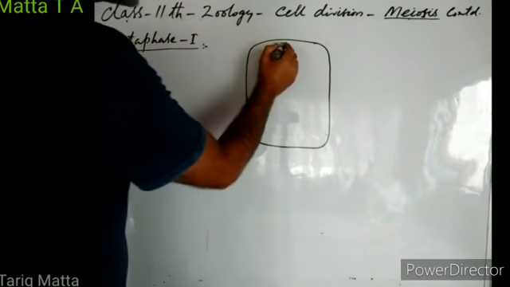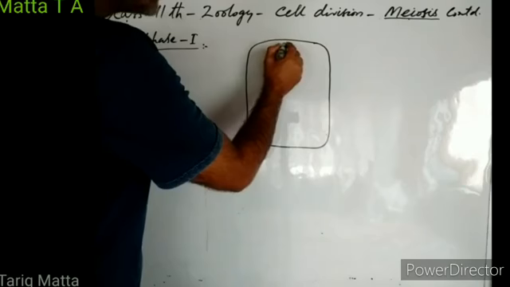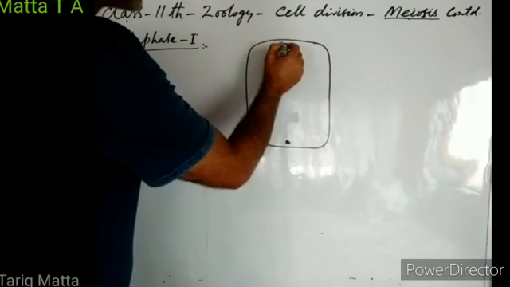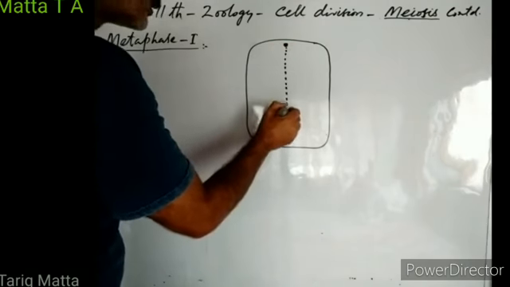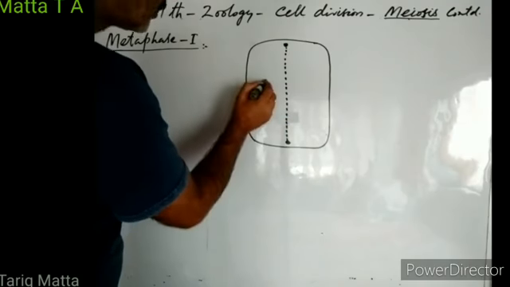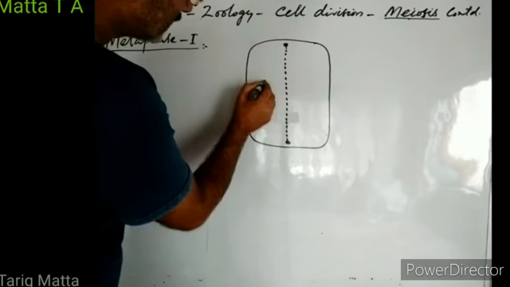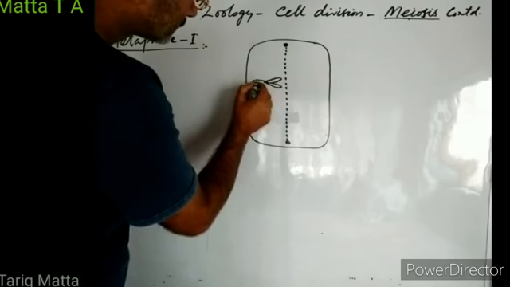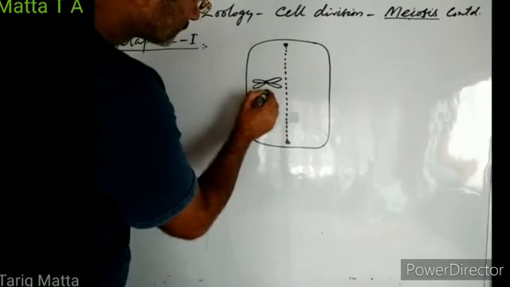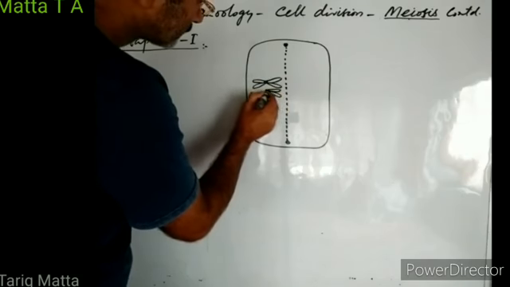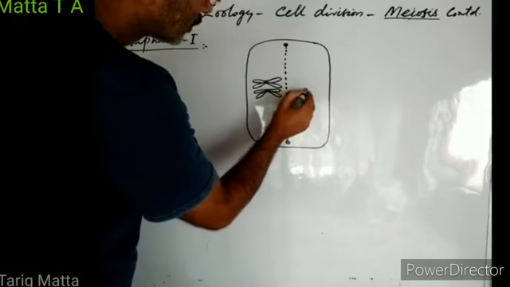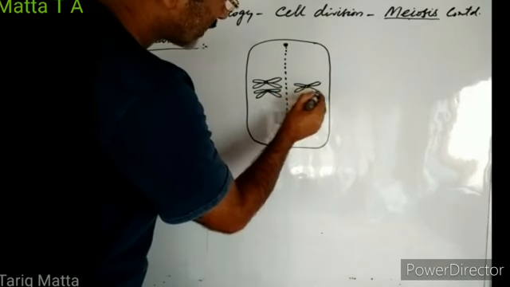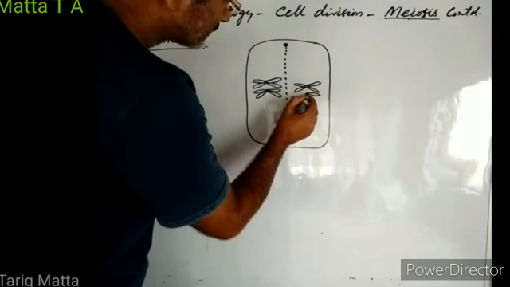In metaphase first, the spindle formation is already completed. The homologous chromosomes are perfectly aligned at the equator of the spindle of the cell.